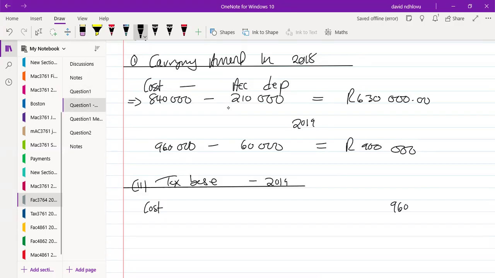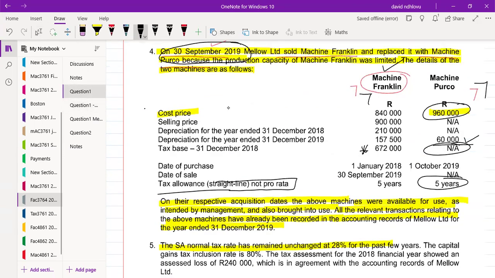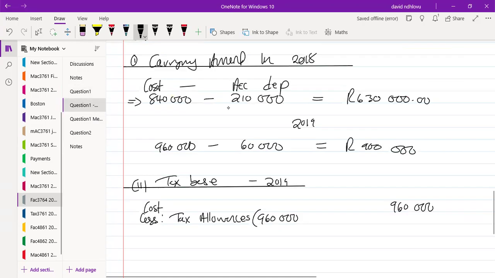So we take the 960,000 and then we say less tax allowances. For taxation purposes, we don't have depreciation. We have tax allowances. 960,000 is the cost, and the asset is going to be used for 5 years. So it's as good as saying the remaining useful life is 5 years. So therefore, we are going to divide by 5.